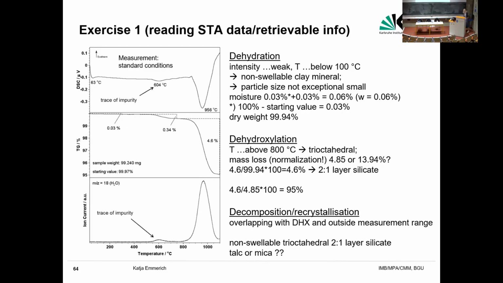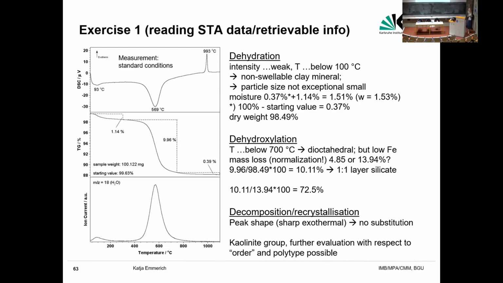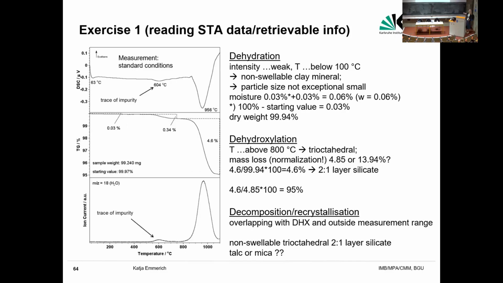So this is a second example. Weak dehydration, non-swellable clay mineral again. You find all the examples in the handouts. You don't have to take pictures. Then we have a look at the dehydroxylation again.